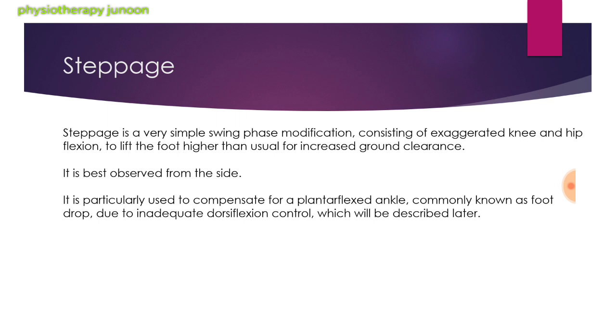Next is the steppage gait. This gait is a very simple swing phase modification consisting of exaggerated knee and hip flexion. Here we see that in all the gaits in leg length discrepancy, there is knee extension or hip flexor weakness or spasticity.